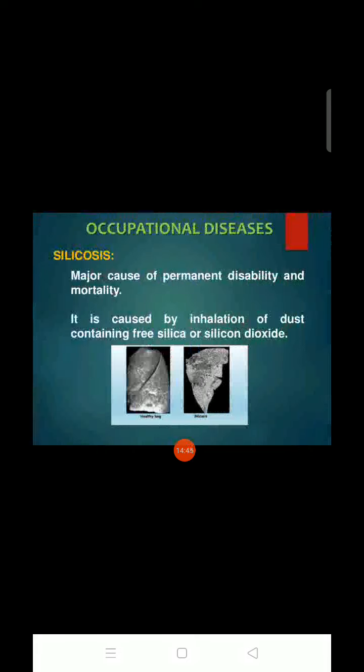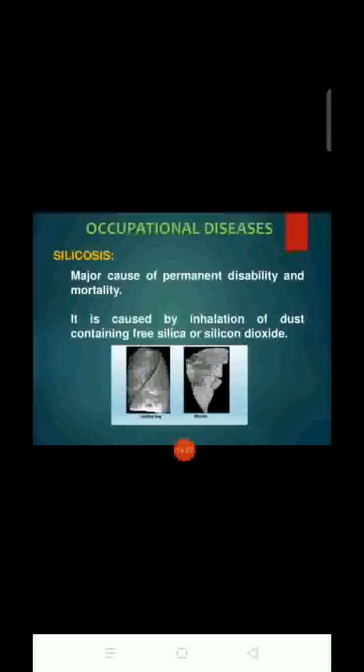Next is silicosis. Silicosis is a major cause of permanent disability and mortality.